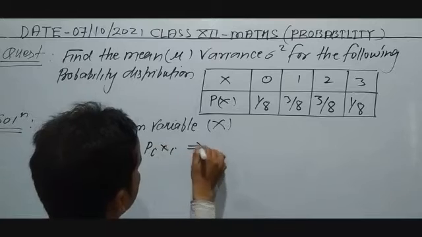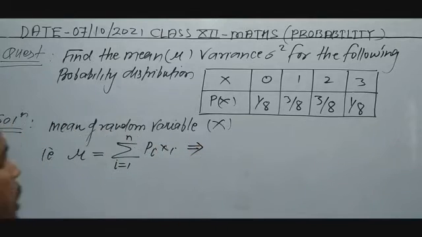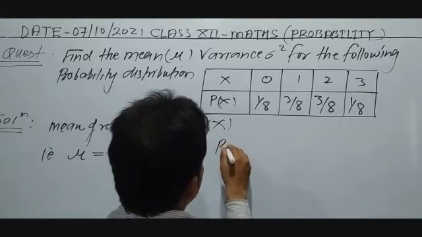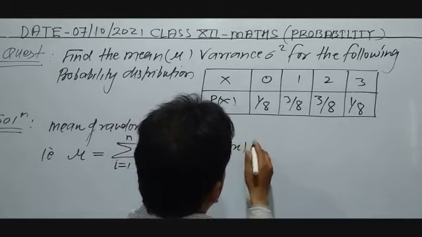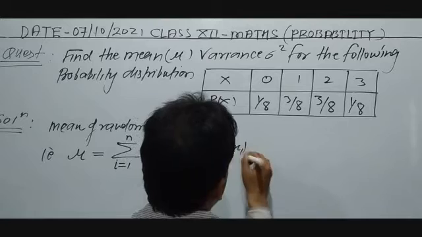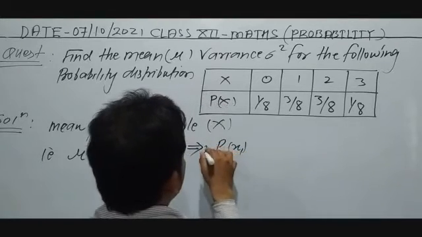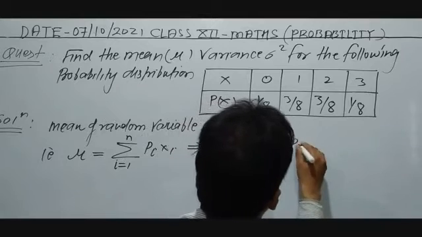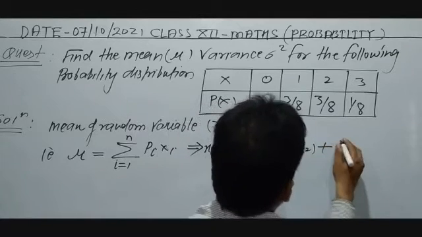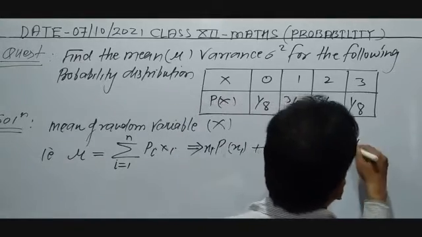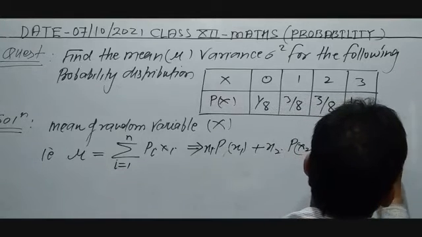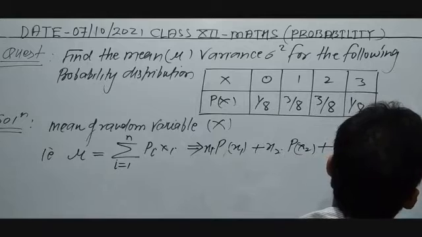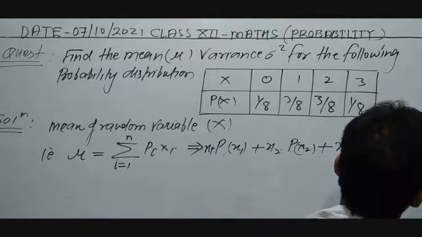Both are the same. So we can write x1 p1 plus x2 times p of x2 plus x3 times p of x3 plus x4 times p of x4.